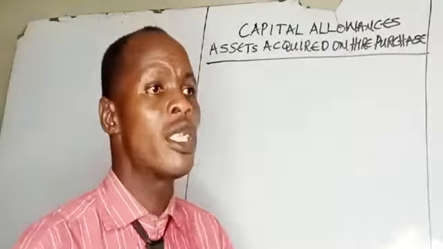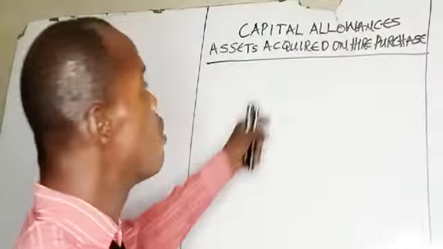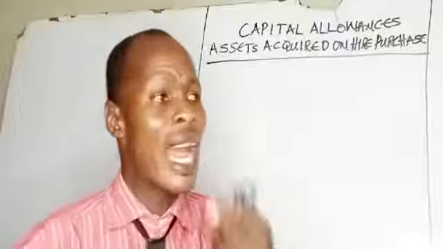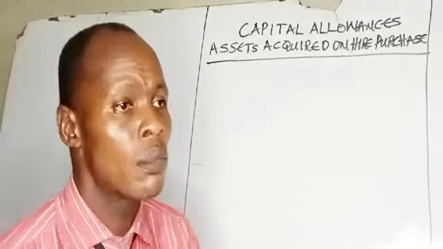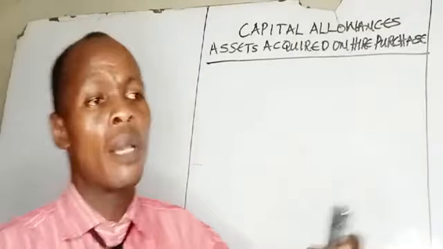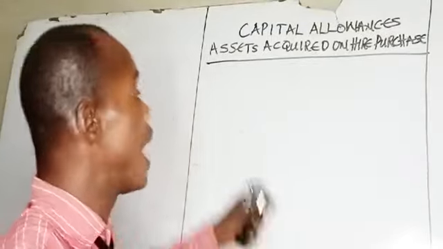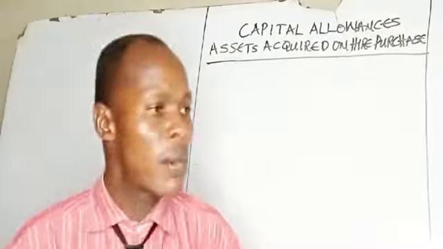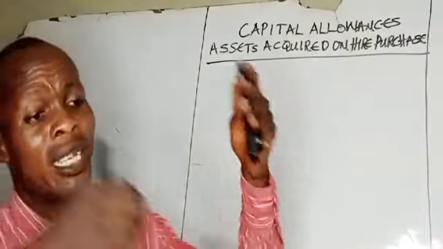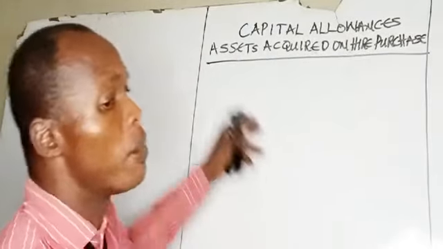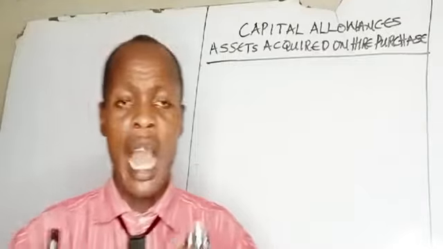So, hire purchase is a transaction in which the seller of an item parts with possession by transferring the asset to the buyer, who in return pays to the seller the amount known as the hire purchase price by way of an initial deposit plus a periodic installment over the hire period.